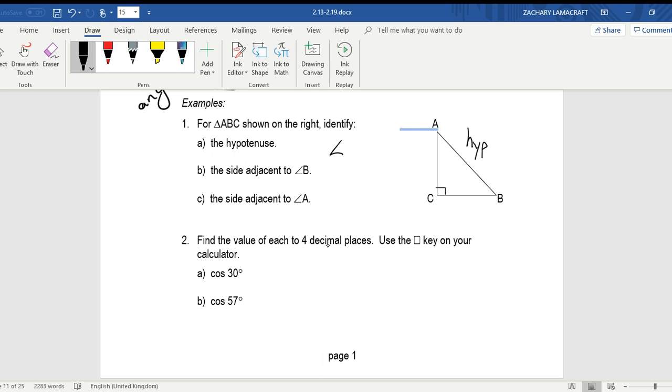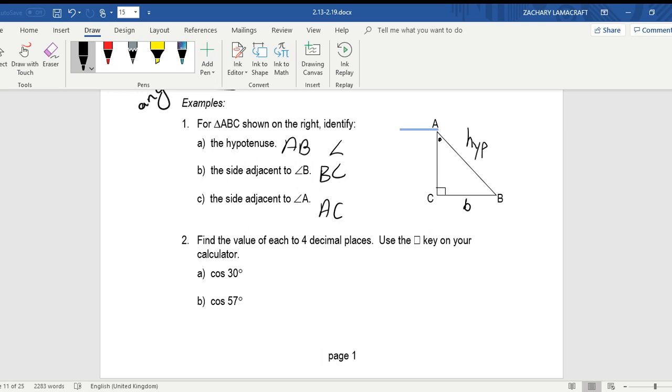So the adjacent side to angle B would be right here, so BC. Sorry, getting a better habit, BC. And then the side adjacent to angle A would then be AC. We just have to get familiar with when the angles change, how we're going to deal with them.